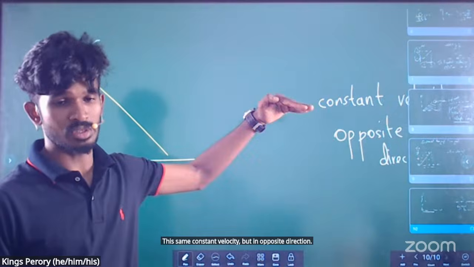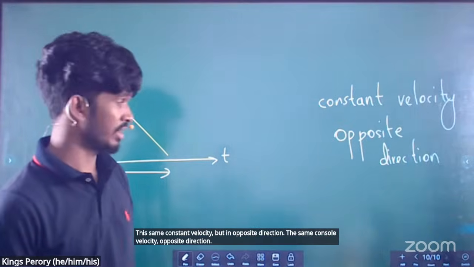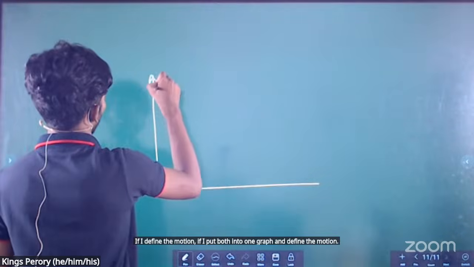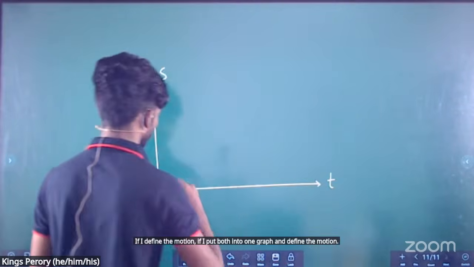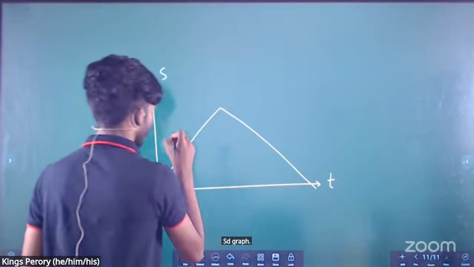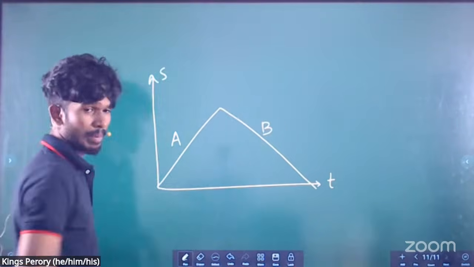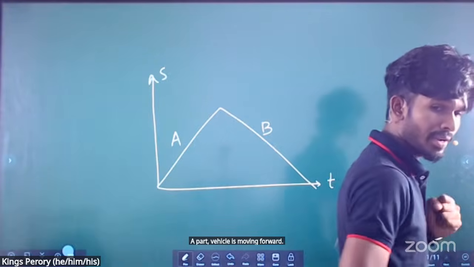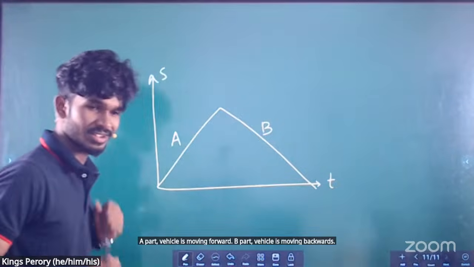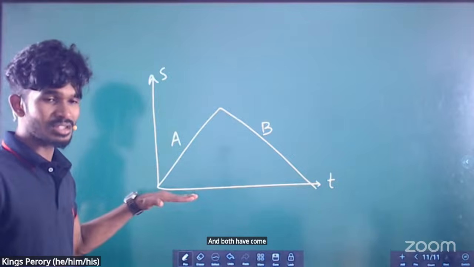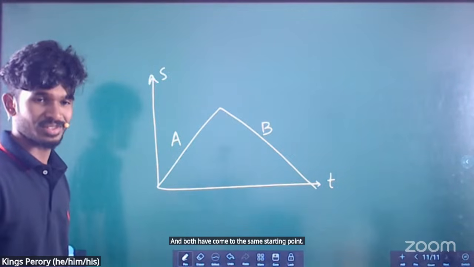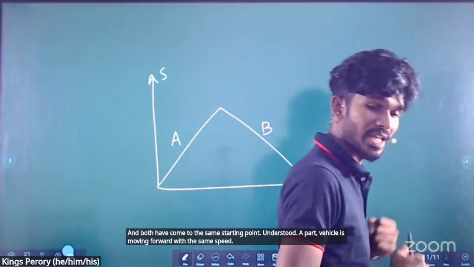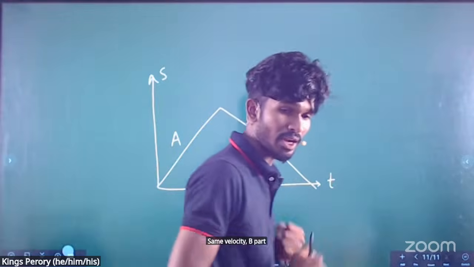If I put both into one ST graph and define the motion: A part, the vehicle is moving forward; B part, the vehicle is moving backwards, and both come to the same starting point. A part, forward with the same velocity. B part, backward with the same velocity.